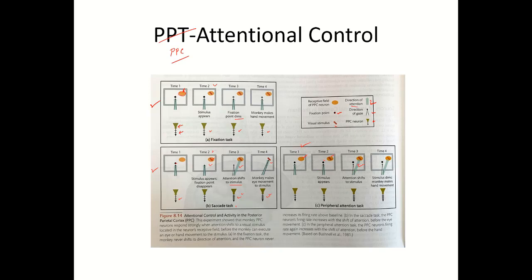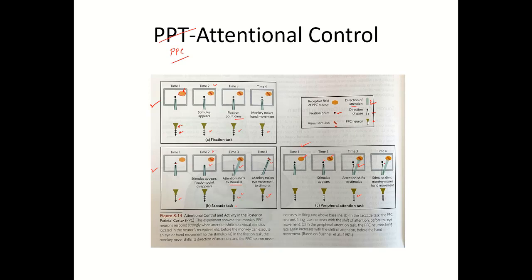See this one, and the firing increased, okay. So when the monkey was paying attention to the target, the firing was high, response was high, and then the monkey had to move the hand to the target and touch the screen, okay.